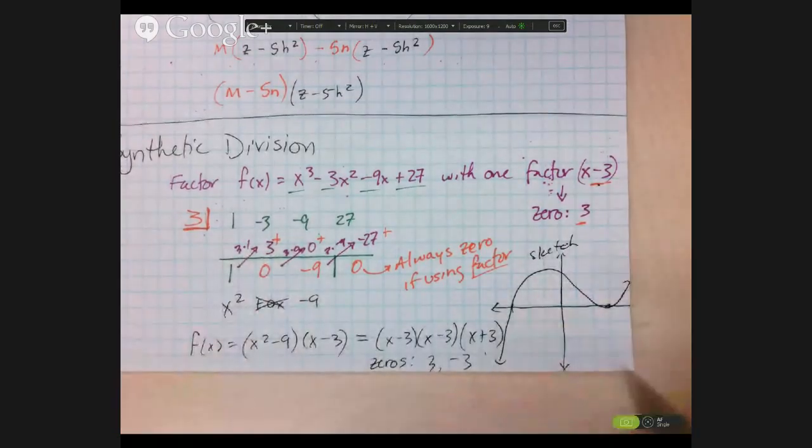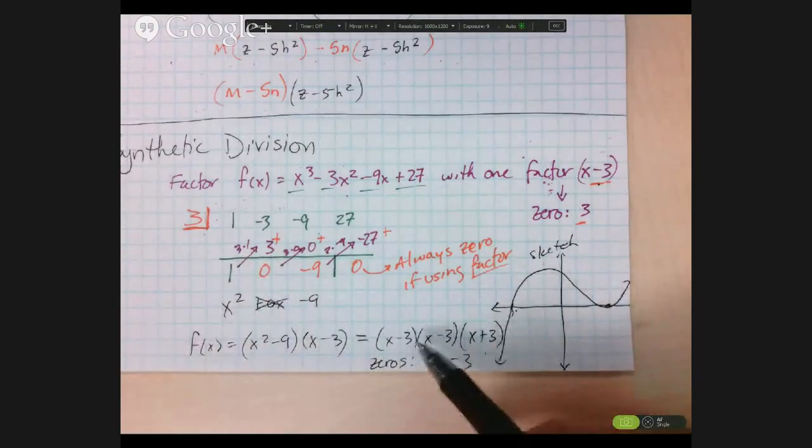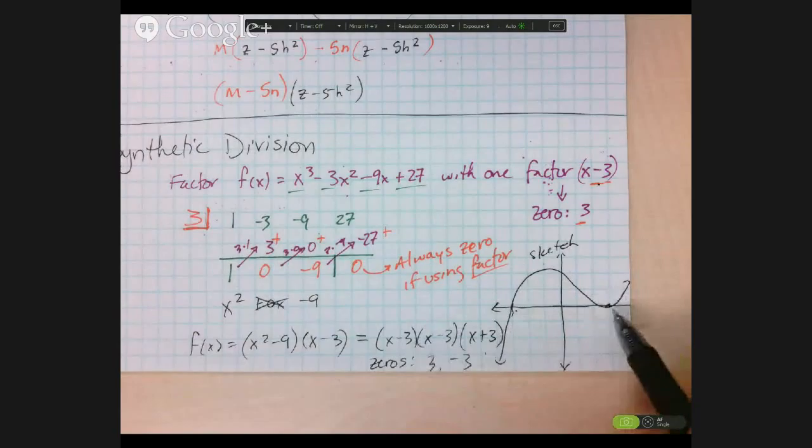Yeah, so we have a negative 3 single root, and then this is a double root. So that means it hits the x-axis right there at the trough, at the local minimum. So if you have a zero or a factor, it makes things a lot easier.